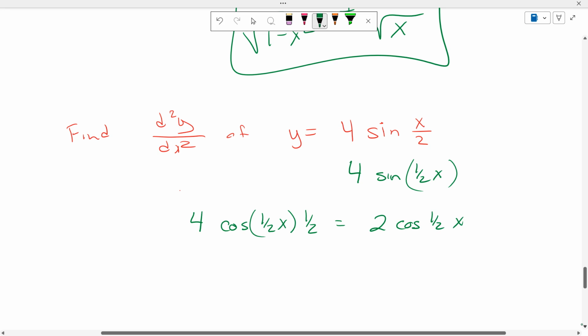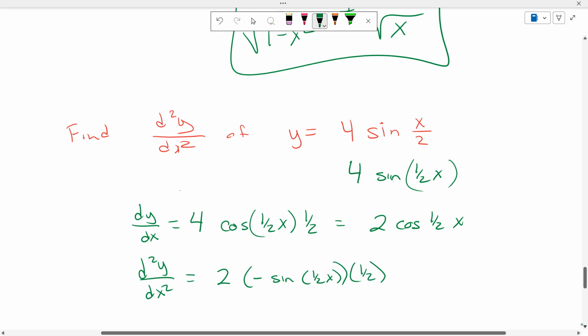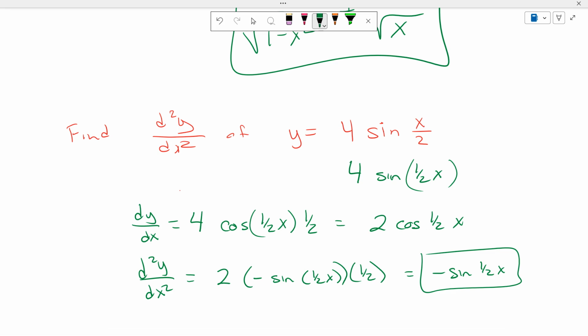That's the first derivative. That's what dy dx is. Now the second derivative, you take 2 times negative sine of 1/2 x times the derivative of the inside, which is 1/2. Well, 1/2 of 2 is 1, so it's negative sine of 1/2 x. Is the second derivative.